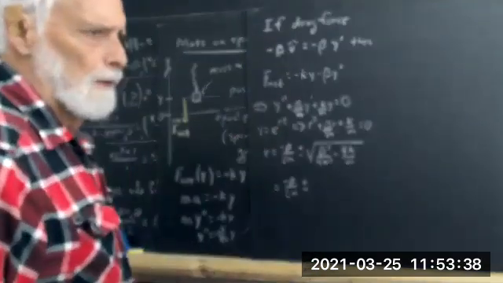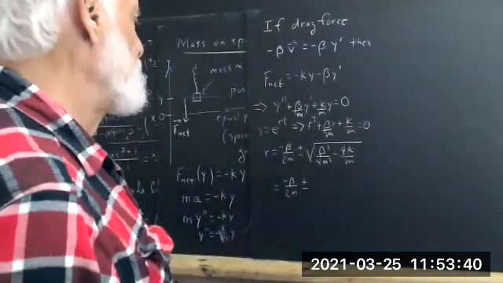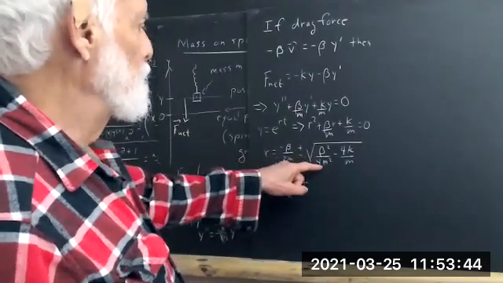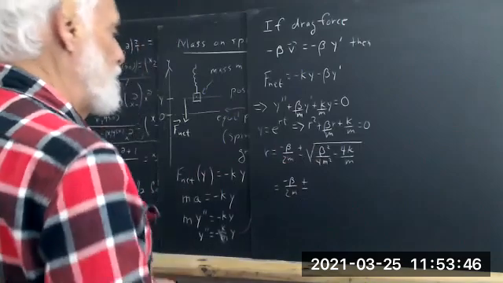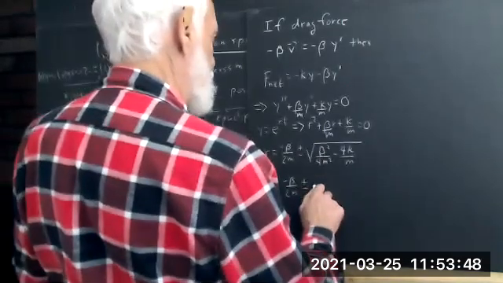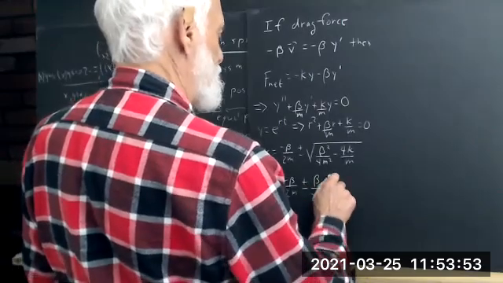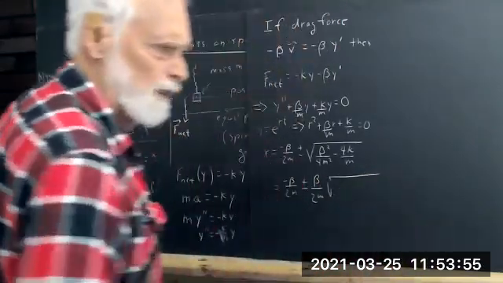Now, there are various ways to simplify this. I want to factor out a beta over 2m. So I'll leave you to puzzle over the algebra because I think you're capable of it. Let's see if I'm capable of it, if I write this down correctly.